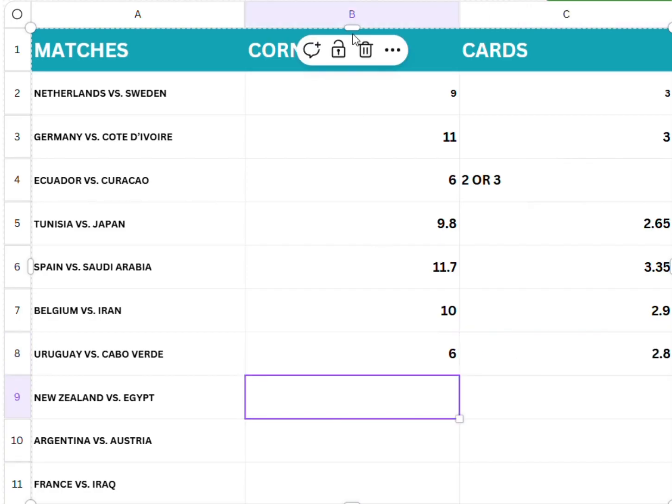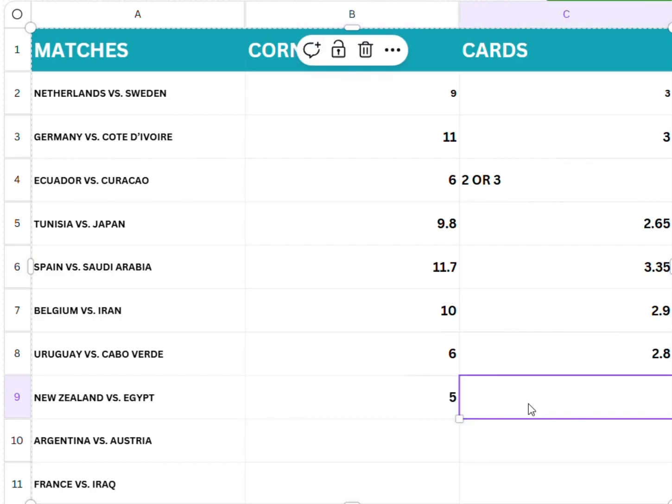Now New Zealand versus Egypt. New Zealand's average corners in a match is just one here. And for Egypt, the average corners in a match is 4. So 4 plus 1 is 5. So we're expecting at least 5 corners here.